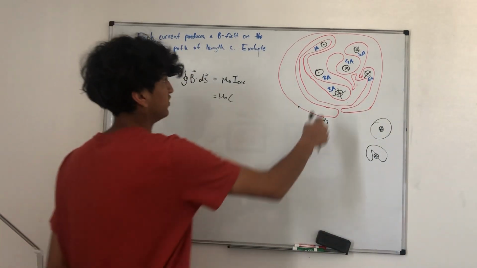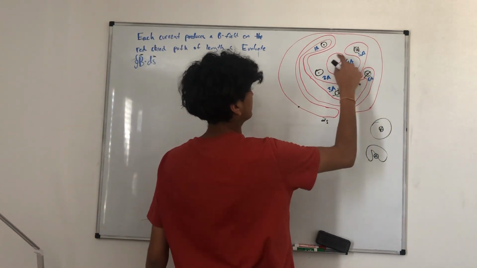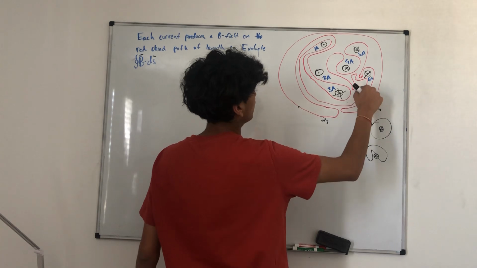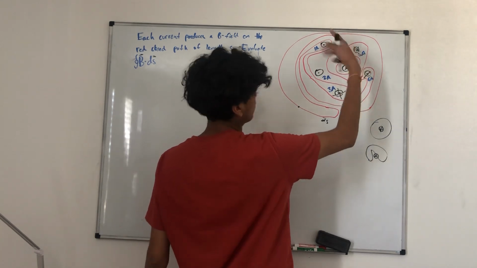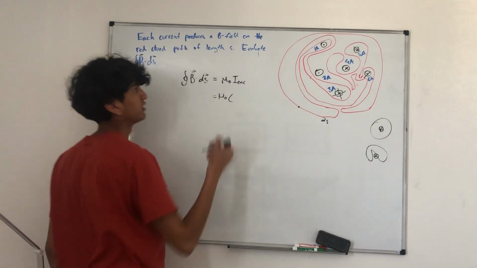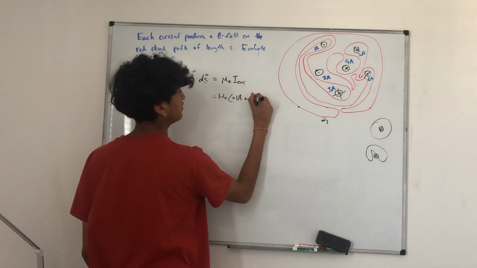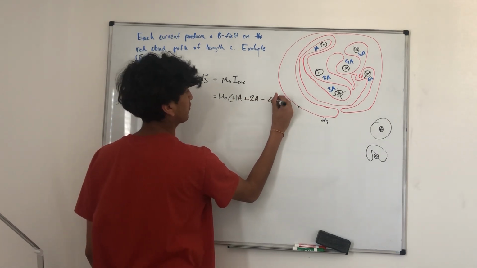Now you can see, if I take this 4 amp, it can't leave. This 2 amp has nowhere to leave. This 1 amp just leads back to the 2 amp, so it has nowhere to leave. So my I enclosed is going to be positive 1 amp plus positive 2 amps minus 4 amps.